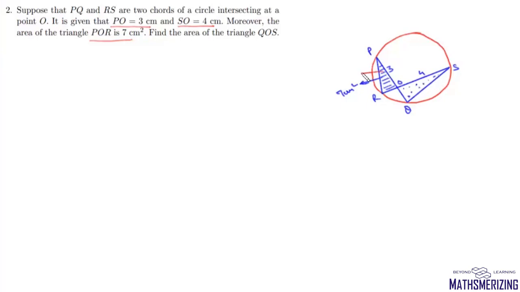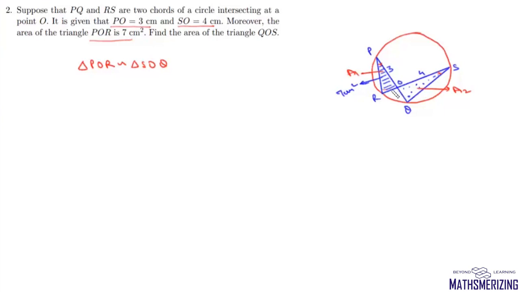So let this be A1 and let it be A2. Now we can say that triangle POR is similar to triangle SOQ. Angles in the same segment are the same, so angle P is the same as angle S, and angle R is the same as angle Q. So these two triangles are similar.